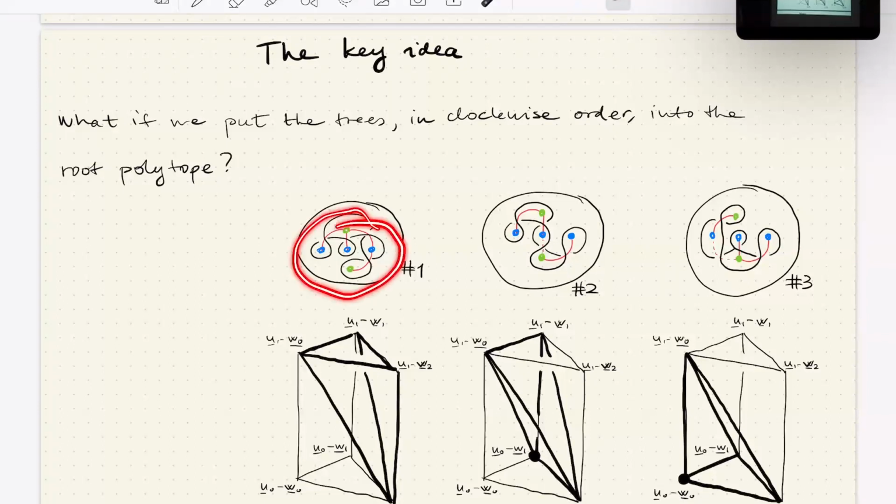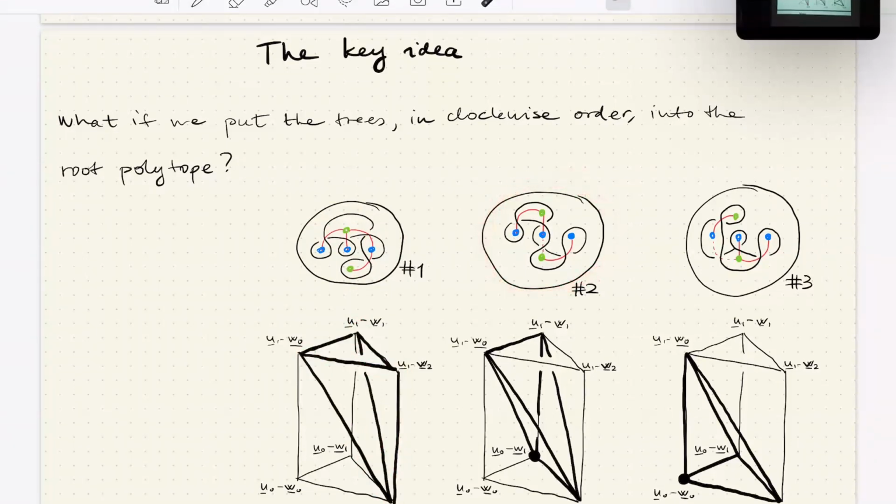So here is the first tree. It consists of these 3 edges and this edge, right? So it's going to be all 3 vertices on top and the right vertex on the bottom. Okay, these 4, only these 4, and those span this tetrahedron. This one here. All right. Second tree.